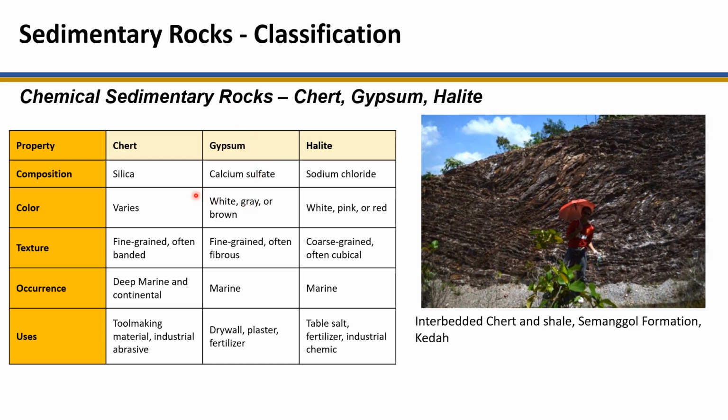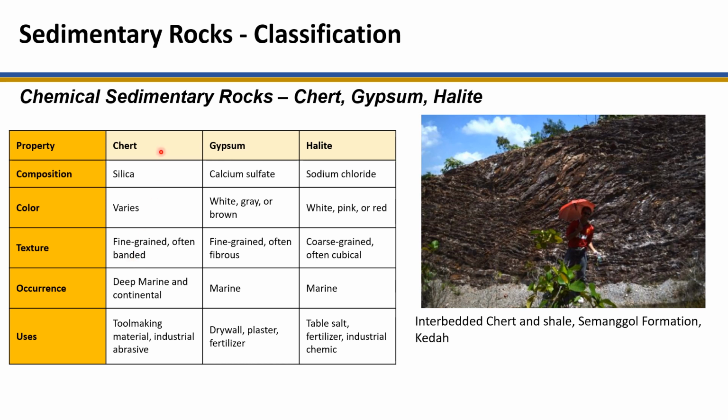The non-calcite chemical sedimentary rocks, which are chert, gypsum, and halite, can be distinguished based on many things, but most of the time on color, composition, and texture. For occurrence, gypsum and halite can be marine, but chert only happens in deep marine or continental settings. Texture is fine for all except halite, but chert will be even finer.